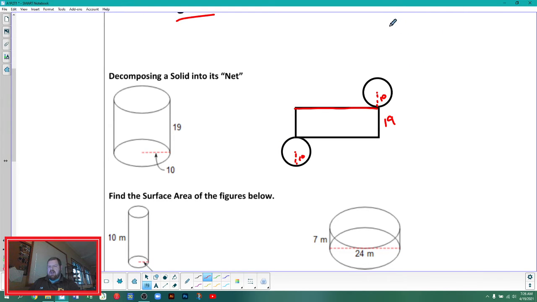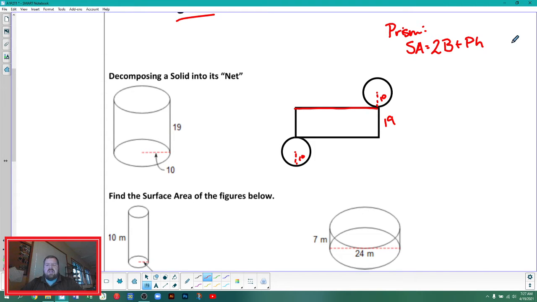Looking at the surface area of a prism that we talked about yesterday, it's 2 times the base plus the lateral area, which was the perimeter times the height of the prism. A prism just means that the two bases, the top and the bottom, are the same exact shape, congruent shapes.